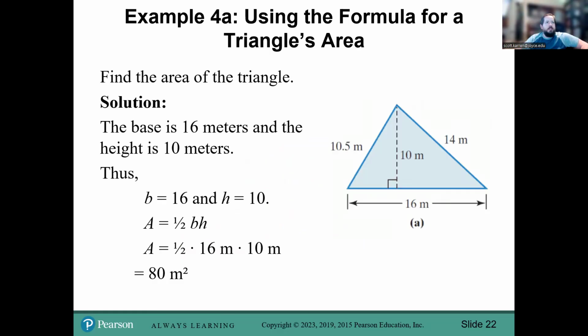So then I can say, if I have some triangle that has 16 and 10, I don't need these measures, right? I don't need to prove this every time. All I need to do is say it's got to be this base times this height and then multiplied by 1/2. So 1/2, 16 for the base, 10 for the height. 16 times 10 is 160, divided by 2 is 80. I've got a meter times a meter, so I end up with meter squared.